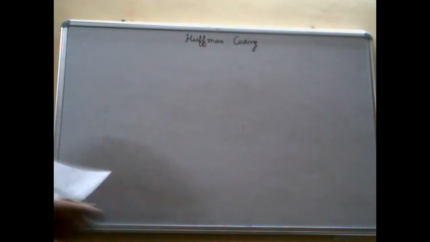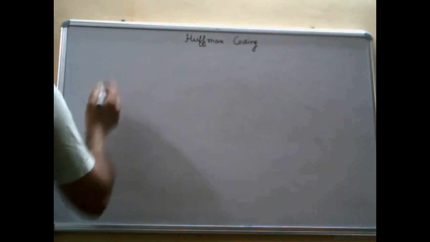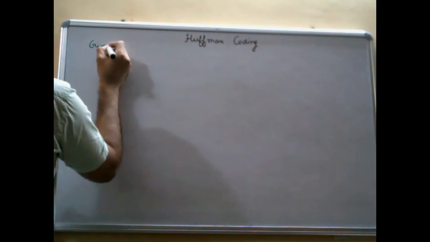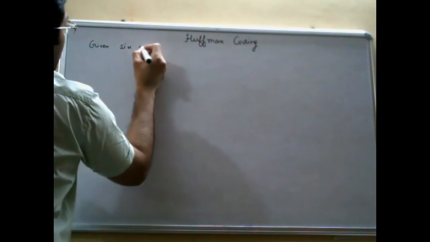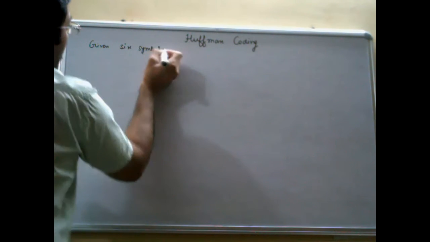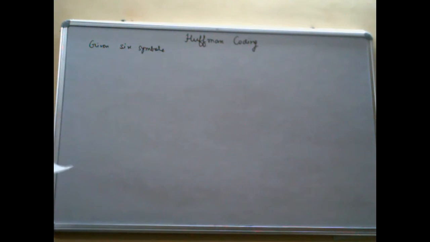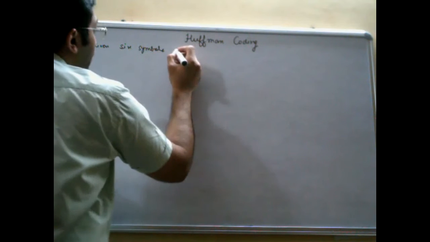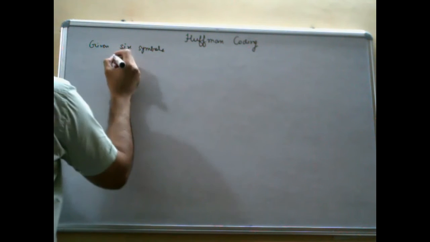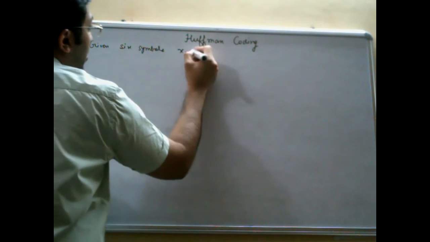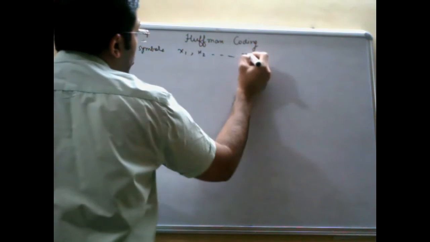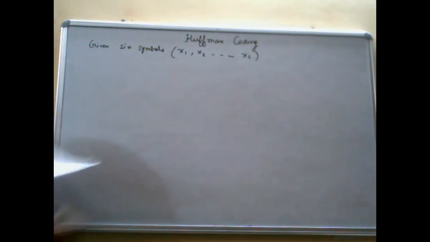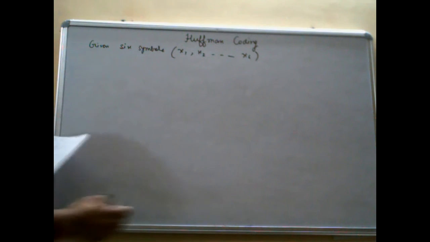The question is like this. You are given six symbols. These symbols can be your pixel values as well, with their probabilities. You are given six symbols, x1, x2, and so on up to x6, and they have a certain probability of occurrence.